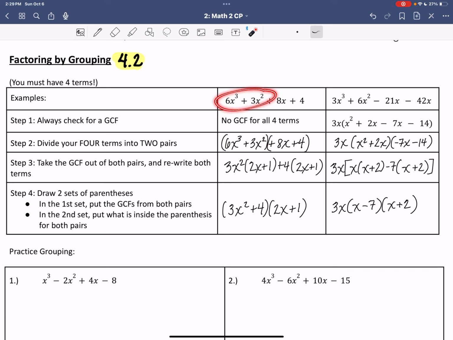I picked these two to be together because I know 6x and 3x squared, you can factor those pretty easily. And then I know 8 and 4 have a greatest common factor that's easy to factor out. So you can kind of look at those things as you go. Now take the GCF out of both pairs and then rewrite it.